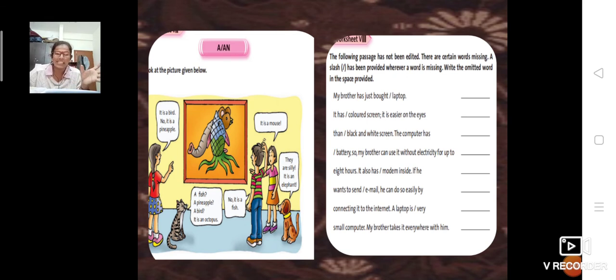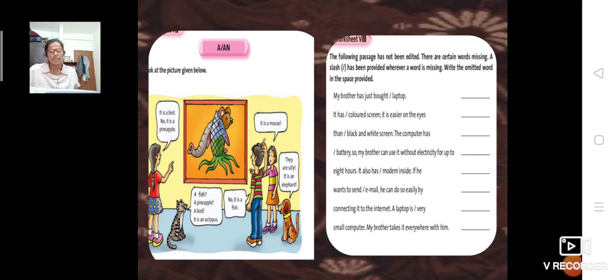H-O-N-E-S-T, honest, it is not pronounced as honest with an H. So always keep in your mind, whenever we are using an article a and an, that we have to concentrate on our ears, not on our eyes. We should not see the letter, but we have to listen to the sound, and then we decide whether we have to use a or an.